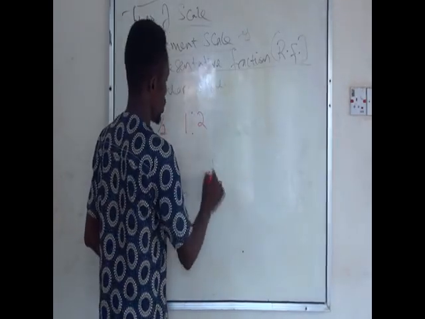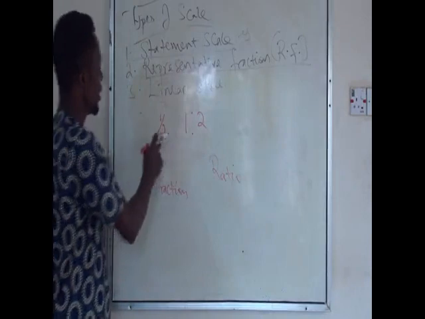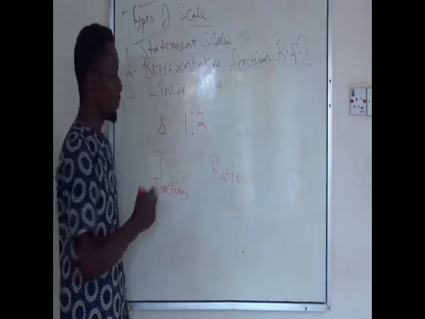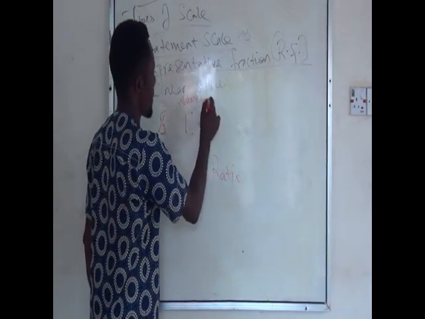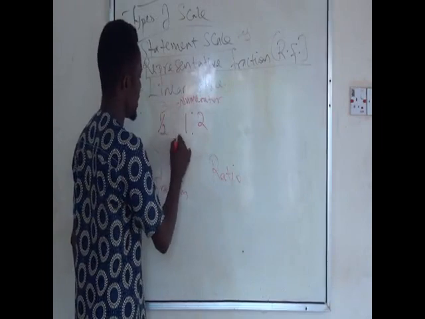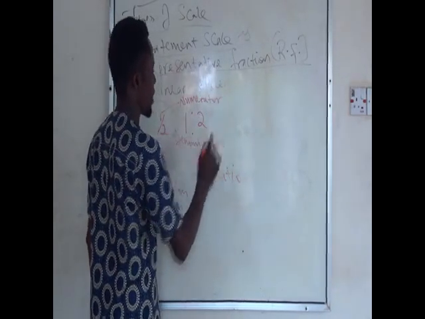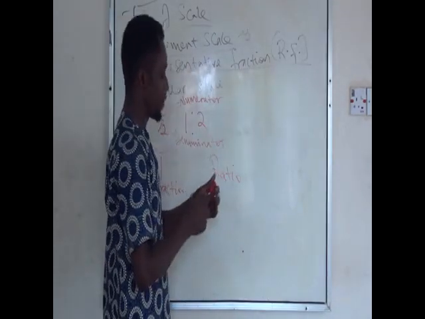This is a ratio. Good. If this is a fraction, we know this is 1, but there is another name for it. We call this numerator, while we call this denominator. Good. Now that we know this, let us see what representative fraction is.